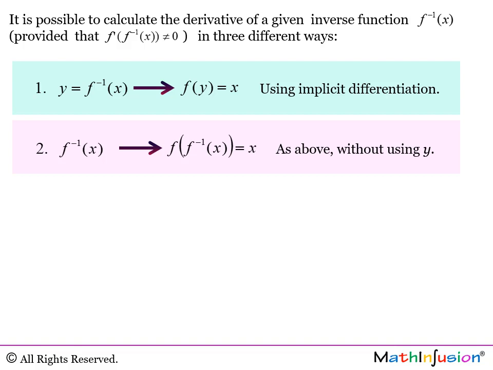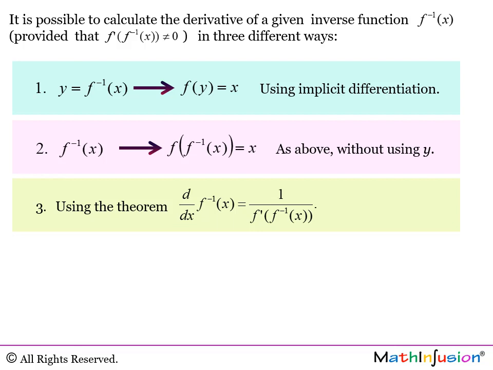The second way is a little bit more complicated, but it's almost like the first one. It's just that instead of having y, we are only going to have, in two sides of the equation, only functions of x, because f of y is also f of the inverse function. And the last way to do it was using the theorem.